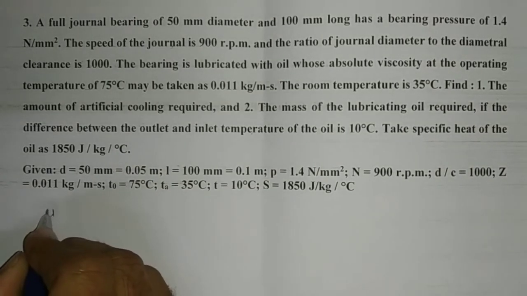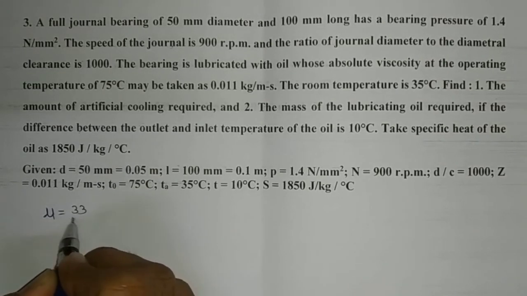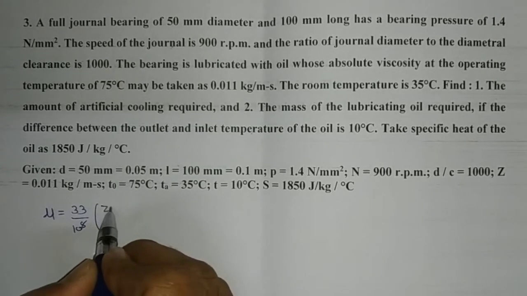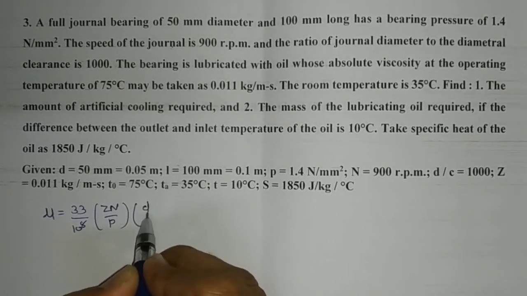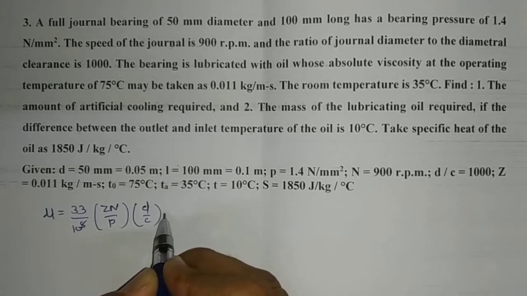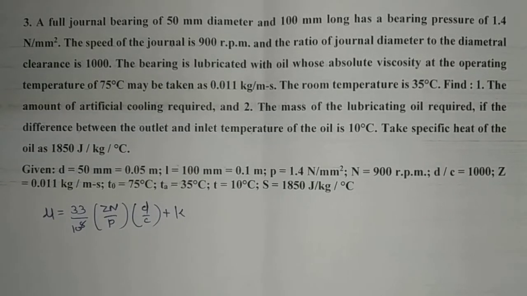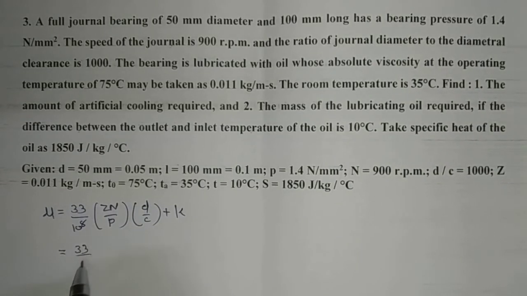Mu is equal to 33 by 10 raised to 8 into Zn by P into D by C, plus K. Now put the value in this equation. We have values of Z, N, P, D by C, and K.